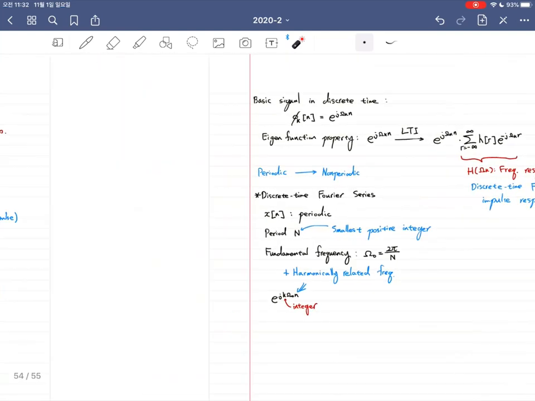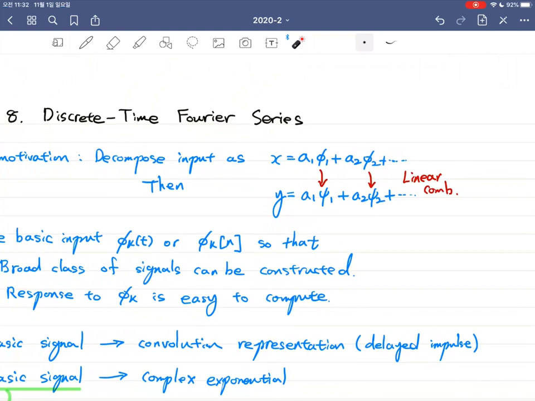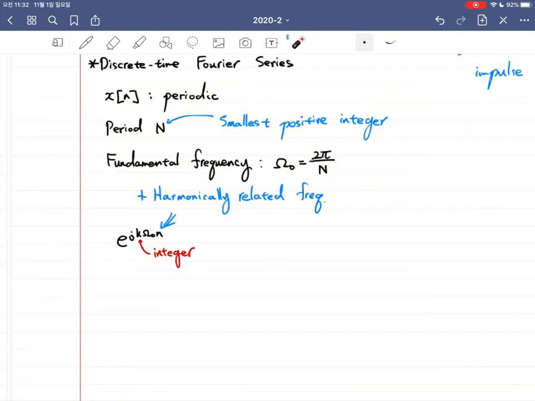Because all we want to do right now is to represent this x of n by this linear combination of basic signals, and those basic signals are not only the fundamental frequency but also the exponentials with the harmonically related frequencies.